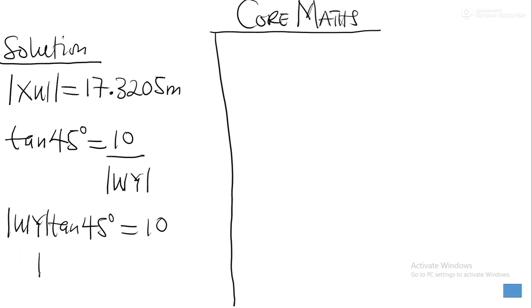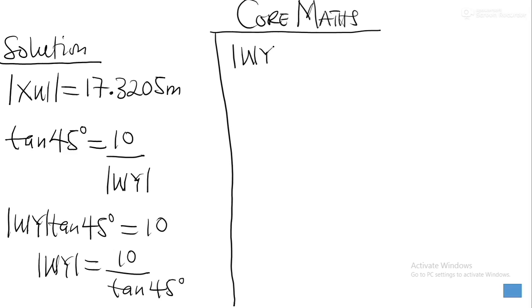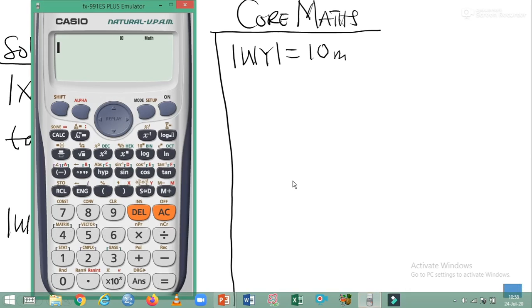So our WY will be equal to 10 divided by tan 45 degrees. So with the help of the calculator, we know that tan 45 degrees is 1. So it means that our WY will be equal to 10 meters.